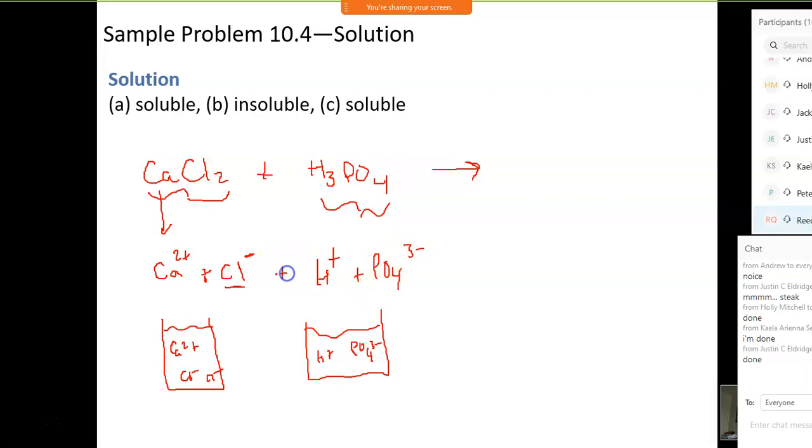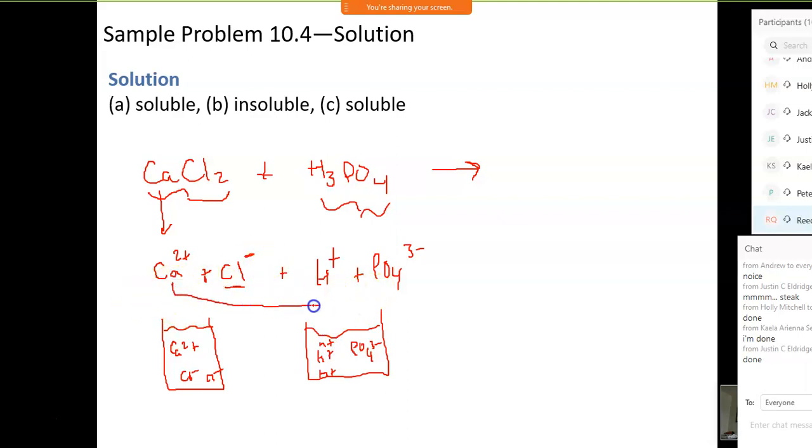Okay, so this little equation I have here is just showing what ions this turns into and what ions this turns into. So all I'm doing are the ions. I'm not showing the 3 again, because I have 3 of these H+ here. I have 3 H+. Okay. So now I have the ions it's composed of.